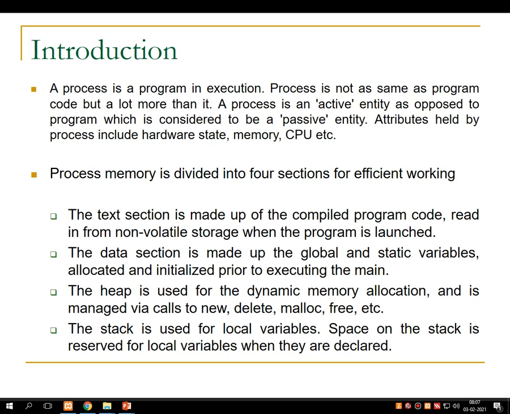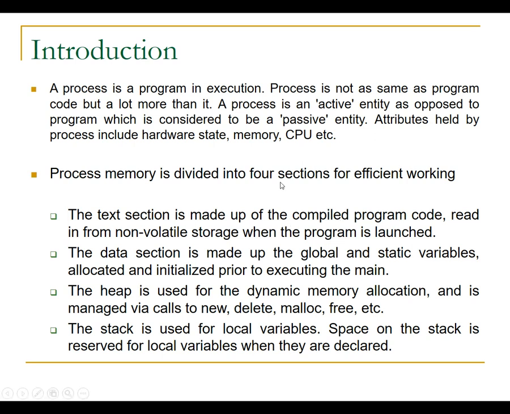This entire architecture resides in the main memory of the computer, that is called random access memory. That random access memory is a primary storage device which holds all the processes before they get executed. Now this was all about the previous lecture that we have already discussed.